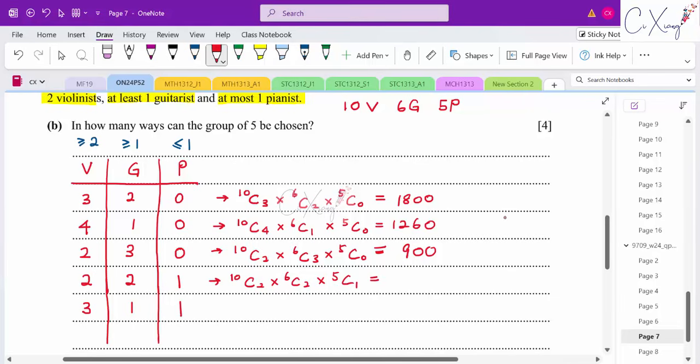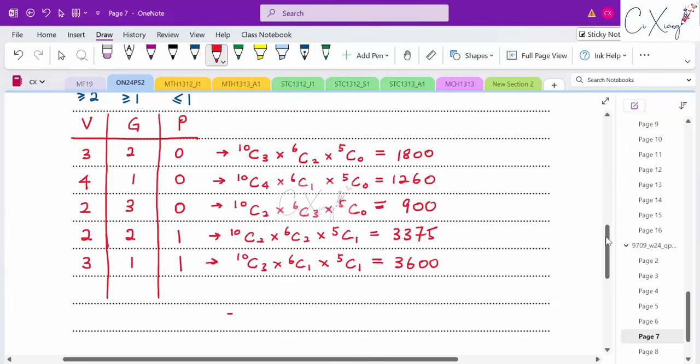This should be 3375 if not mistaken. Then the last case is 10C3, then 6C1, and also 5C1. If you press the calculator, by right you should have 3600.